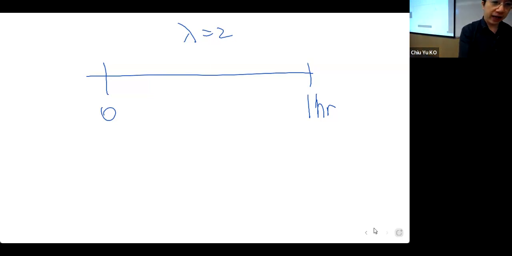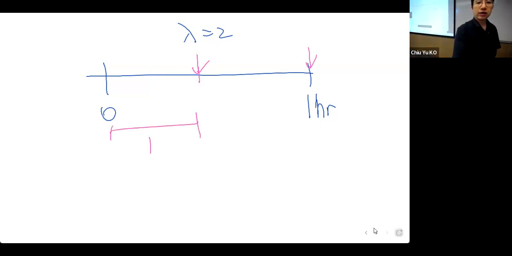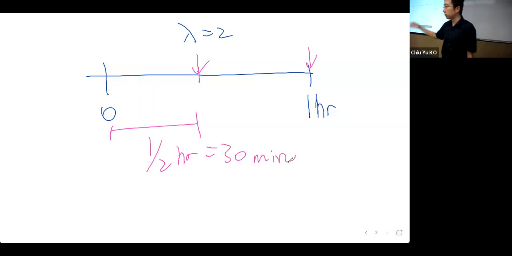So that means that you expect somewhere in the middle, somewhere at the end. This is what we mean by 2, right? And what does that mean? It means that how long does it take for one guy to come? Half an hour, right? So the time for this to happen is half an hour, or 30 minutes. Okay. So that's why the mean is 1 over lambda.